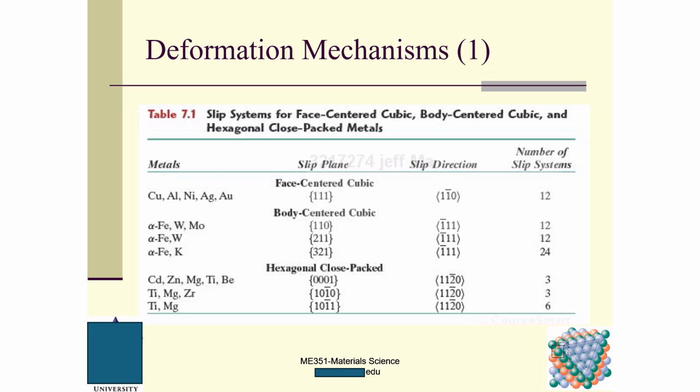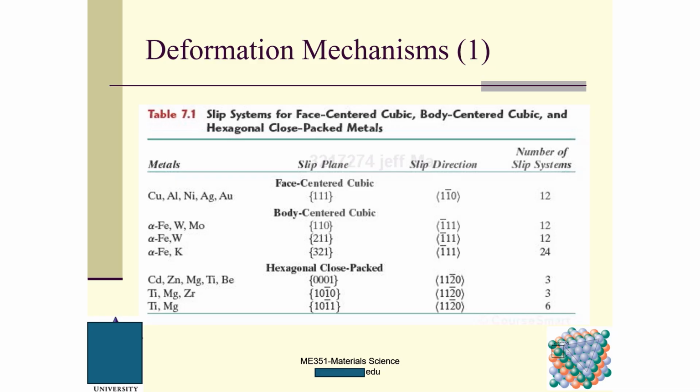For the third group, hexagonal close-packed materials, we have cadmium, zinc, magnesium, titanium, and beryllium. These five have 0001, 1120, and three slip systems. Titanium and magnesium also have these.